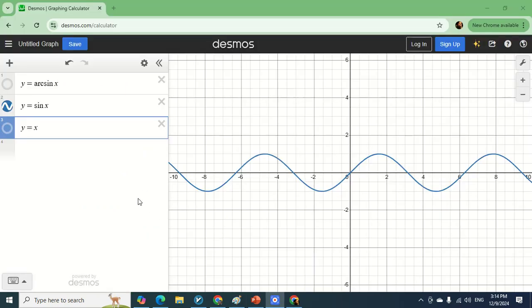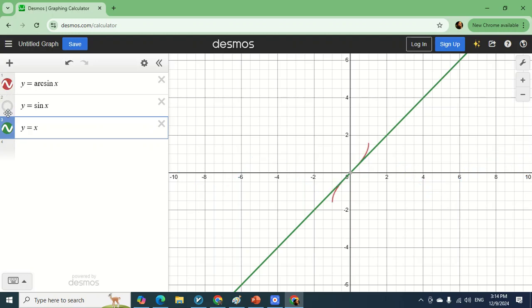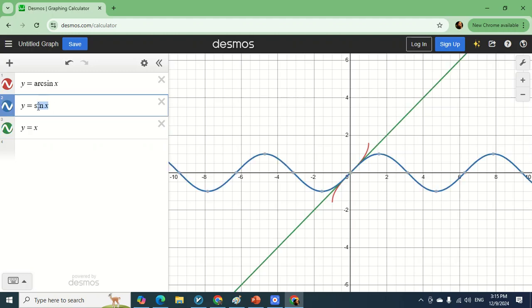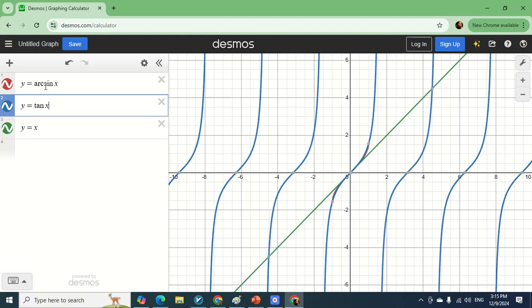As you can see over here, we have the graph of y equal to sine x, then y equal to x as a reflecting line, and this will be the arc sine as well. So you can see the graph of this arc sine. We can talk about the tangent as well. Let me put the tangent of x, and then we can write the arc tangent.